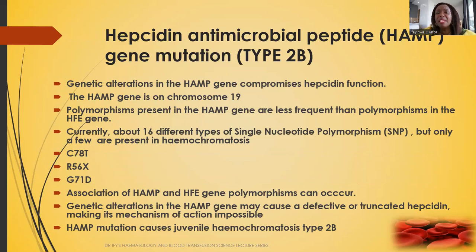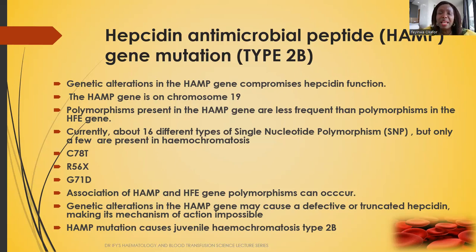Mutation in the hepcidin antimicrobial peptide gene causes type 2B juvenile hemochromatosis. Remember, we said that this type 2 hemochromatosis can also be called juvenile hemochromatosis because it starts from childhood.